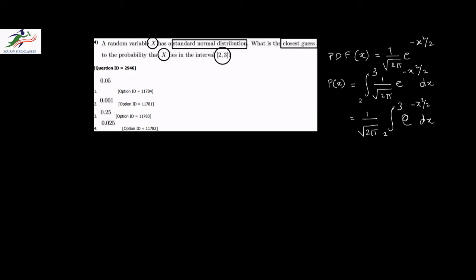Now we will call this integral I. So I is equal to the integral of e to the power minus x square by 2 dx, and we will find the value of I, and then we will put it in the limits to find the value of the probability.